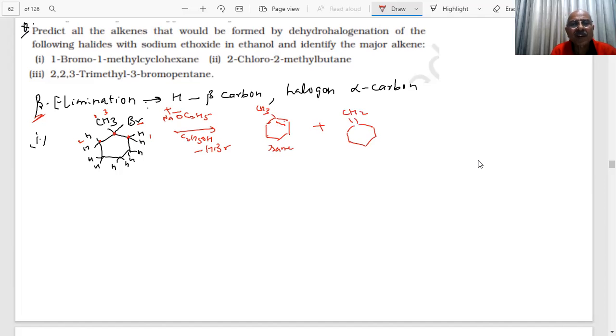Which is the major product, students? The major one will be the first one where CH3 and the double bond are there, 1-methylcyclohexene.